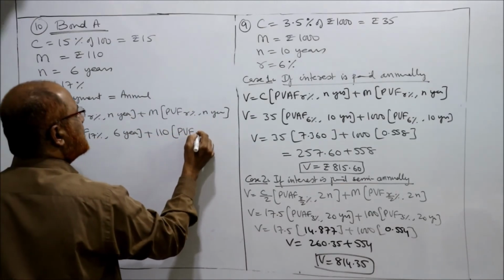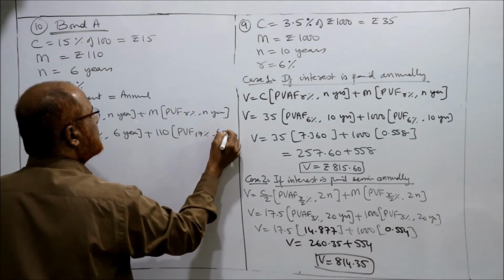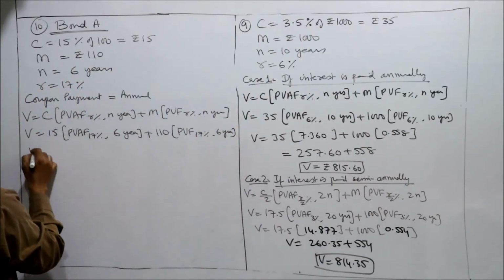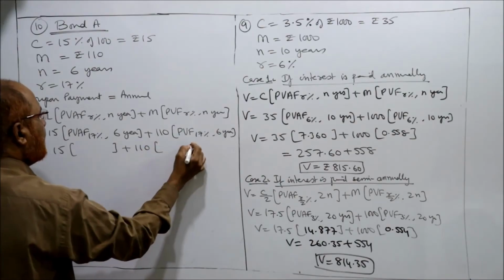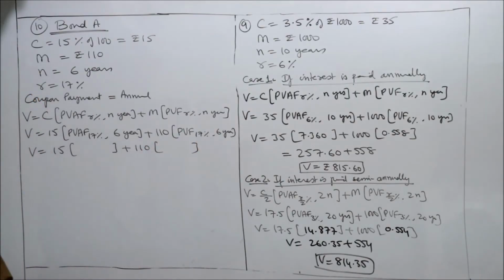PVF, R is 17%, 6 years. Now 15%, 6 years, 17%, 6 years, 3.589.